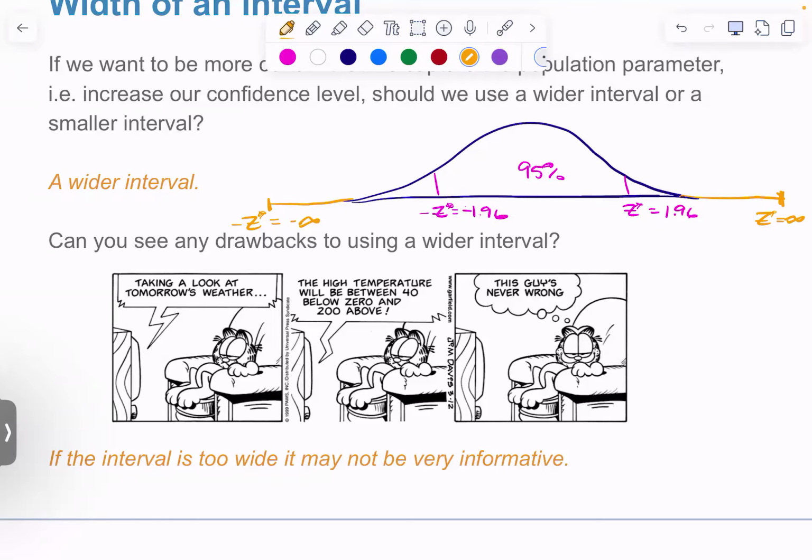Telling someone, well, I'm 100% confident that it's somewhere between negative infinity and positive infinity, just isn't going to cut it. And so the trade-off that's been decided between confidence and precision is 95% as a default.